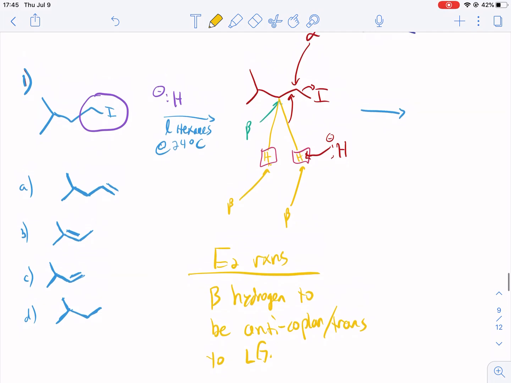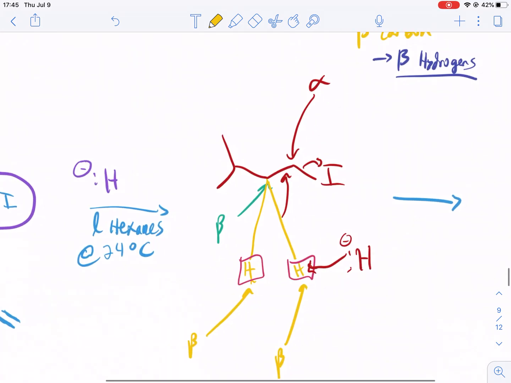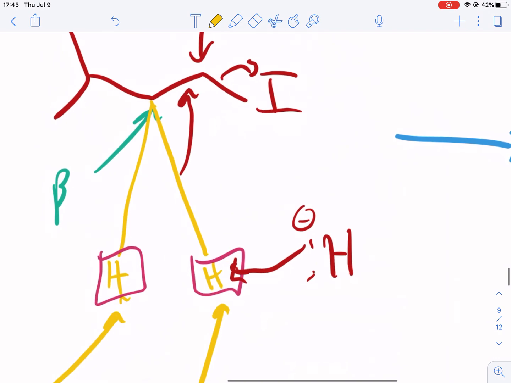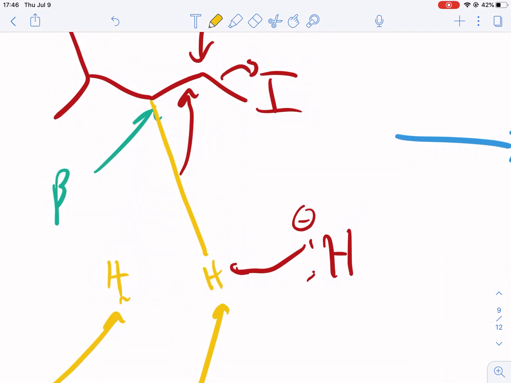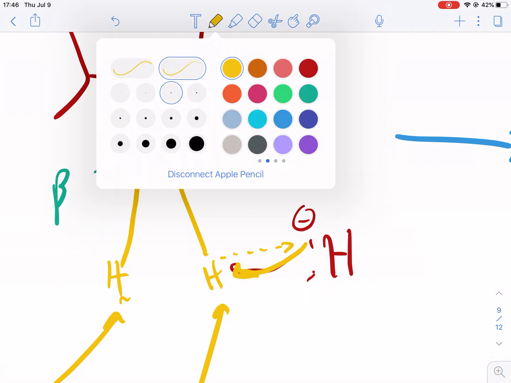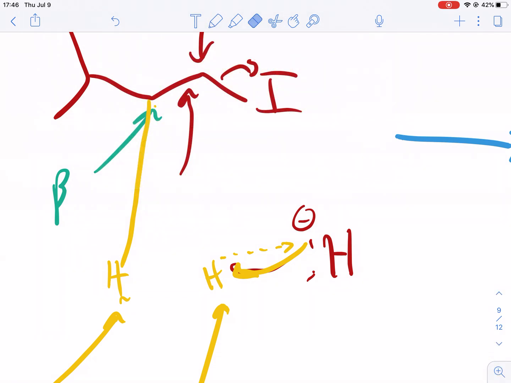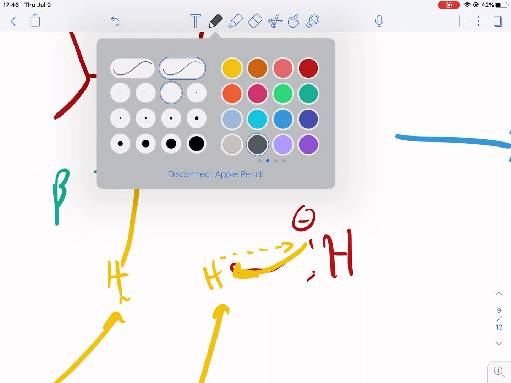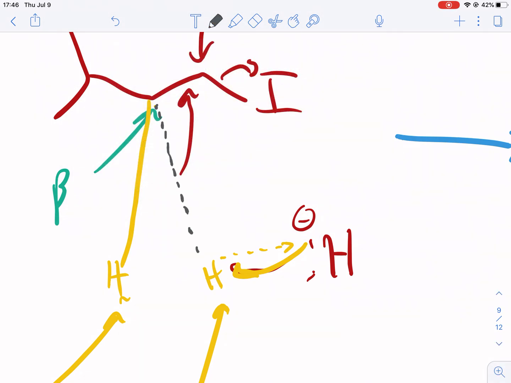So what happens is this hydride comes in and pulls this hydrogen to itself. Then this bond breaks. I'm just going to do almost like a little transition state.